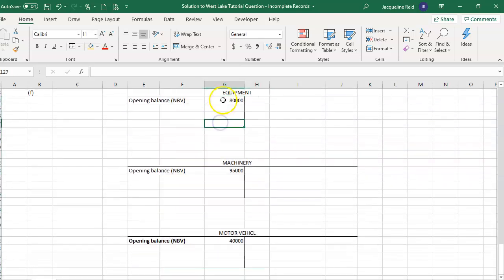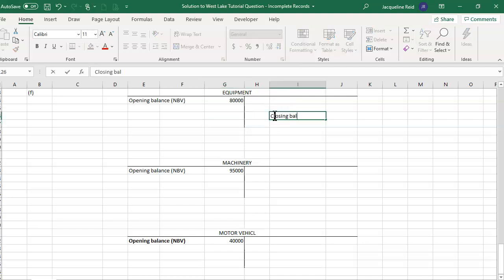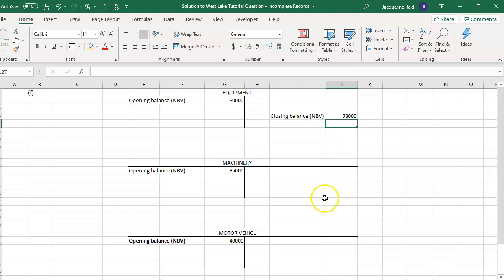The next thing we need to do now is to put in the closing balances. Again, these are net book value figures. For equipment, we have a falling value to 78,000.